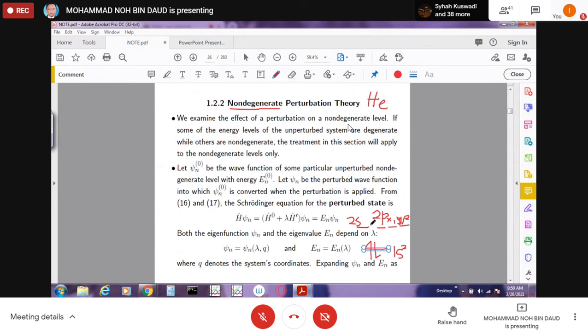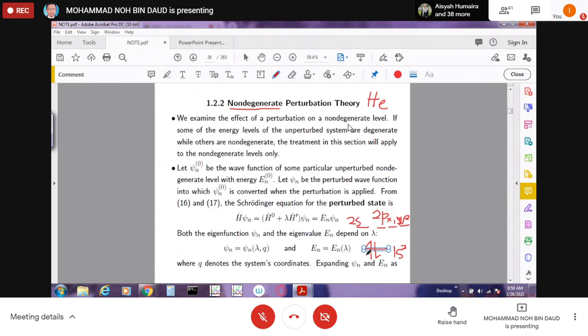You can see here, when we place these two electrons in this lower state, these two electrons have the same energy, but different wave functions.